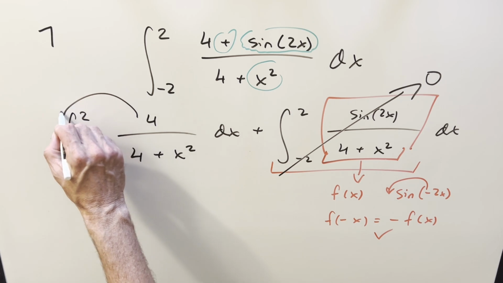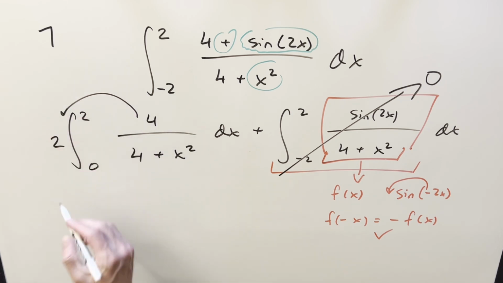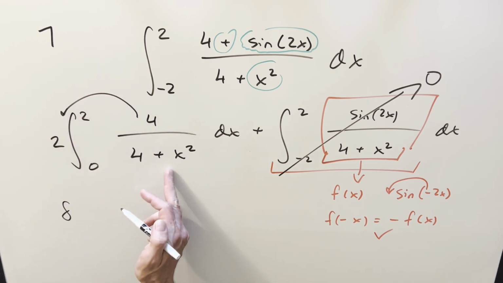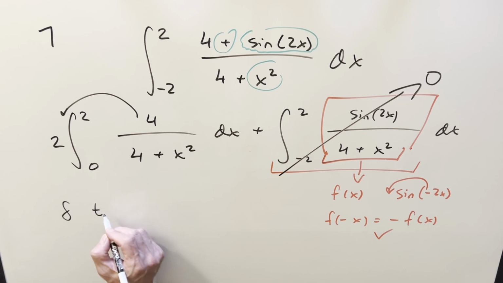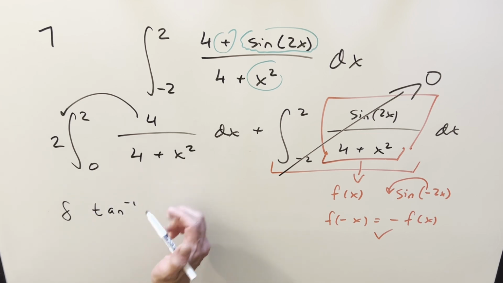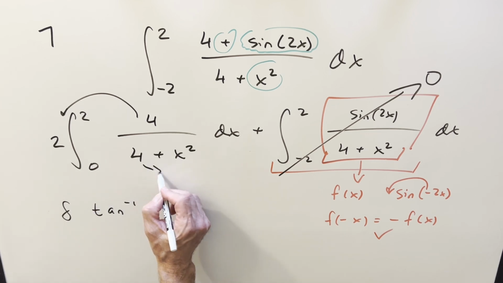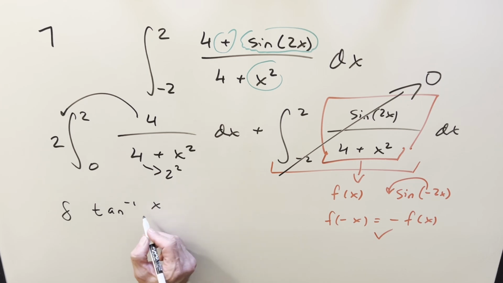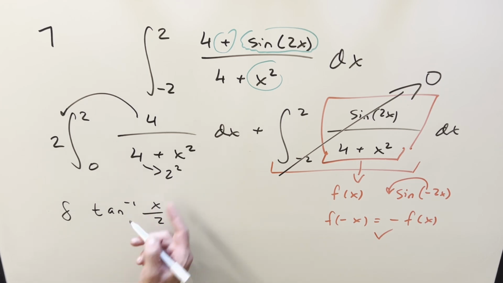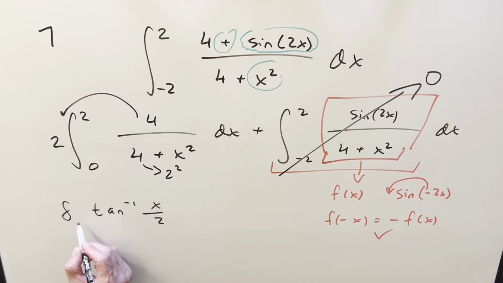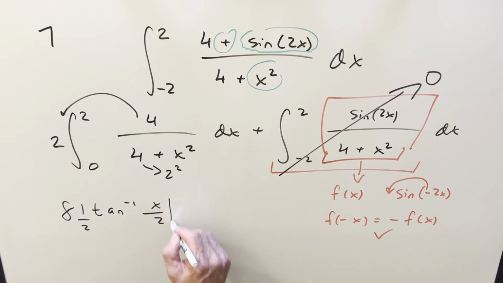4 is just a constant, so when we multiply that out, we have an 8 in front. Integrate this with the arctan formula, and what we get is arctan of x. Think of this as 2 squared, so we end up with a 2 in the denominator here, and actually it also comes in front here, so we should have like a 1/2 over here. And we just need to evaluate this from 0 to 2.